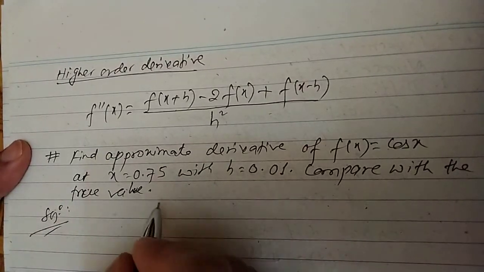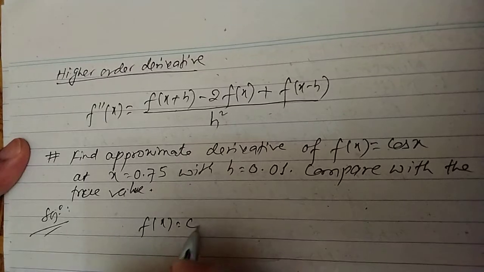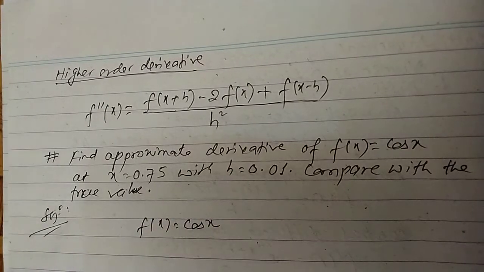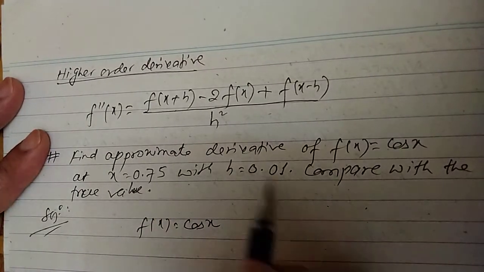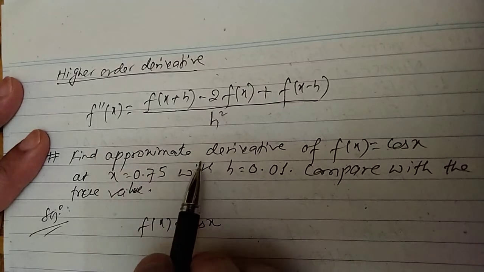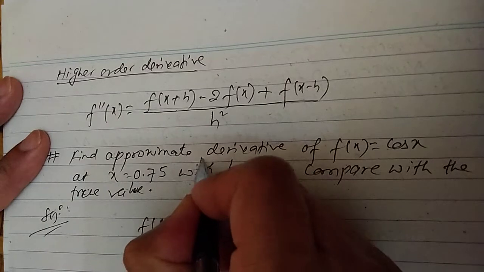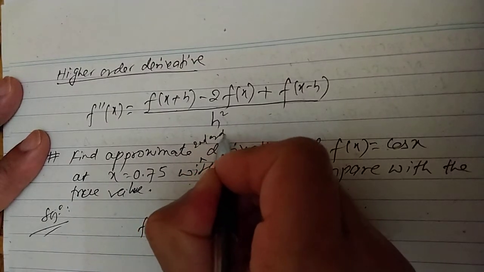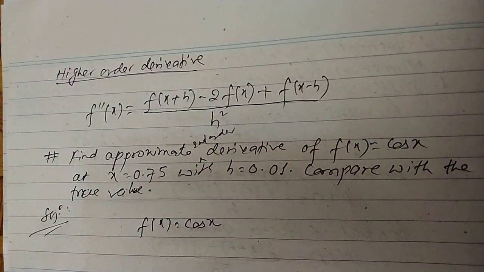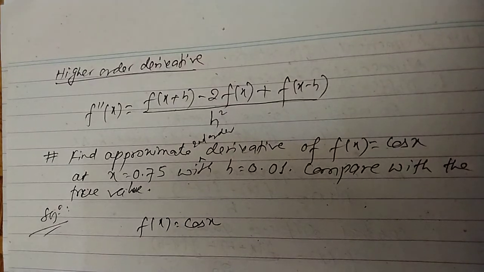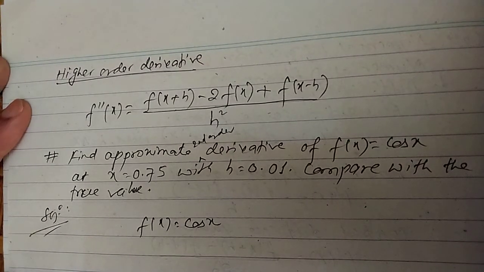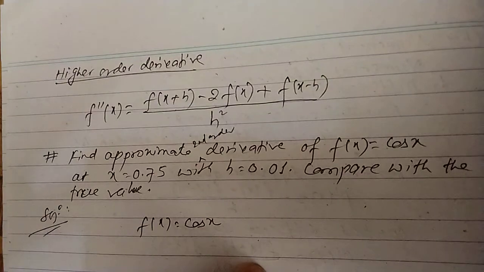What is given in the question? f of x is given as cos x. All right. So find the approximate second order derivative. The order is mentioned. If higher order is asked, we only need to study up to second order. So find the second order derivative there.